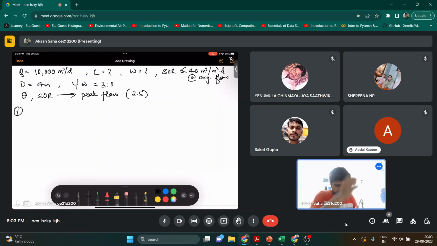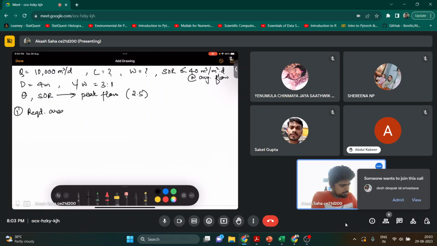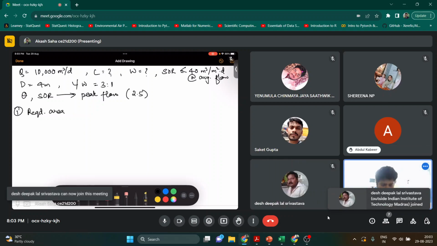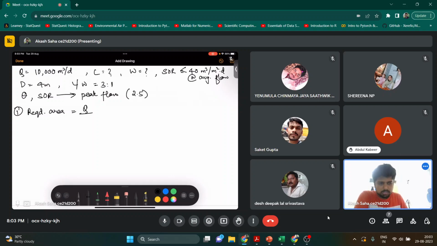So first we will find the required area as per the Q and the surface overflow rate given. This will be equal to 10,000 meter cube per day divided by 40 meter cube per meter square per day. So it will be equal to 250 meter square.